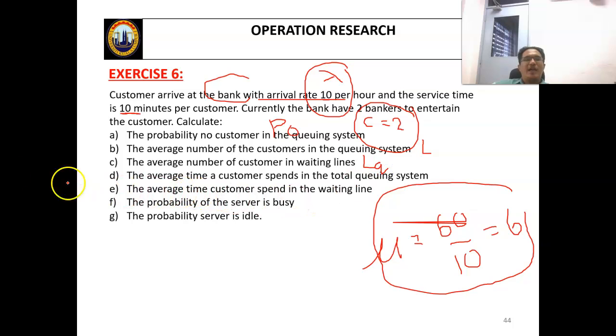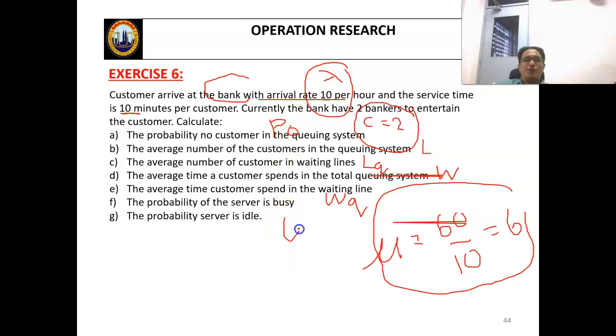Okay, we can calculate the average time a customer spends in the total queuing system, W. We can calculate the average time a customer spends in the waiting line, WQ. We have the probability the server is busy. We can see P0.